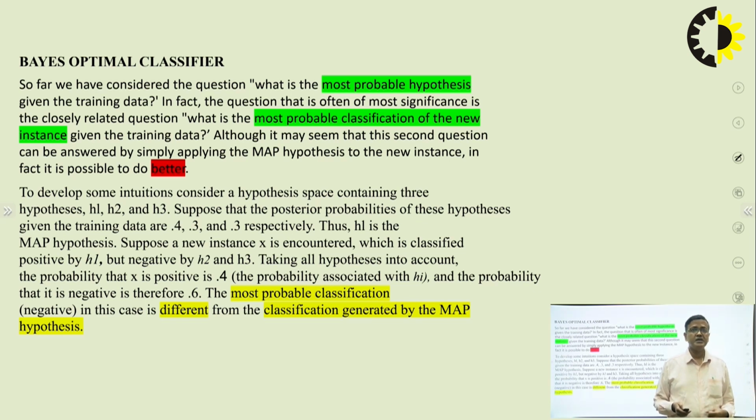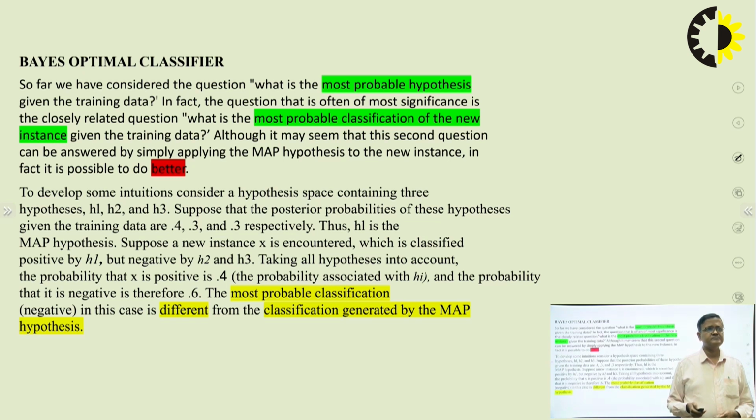If we want to predict a future instance, we can simply use HMAP or HML to predict future instances based on the hypothesis we have selected, which is the best possible hypothesis in their respective scenarios.